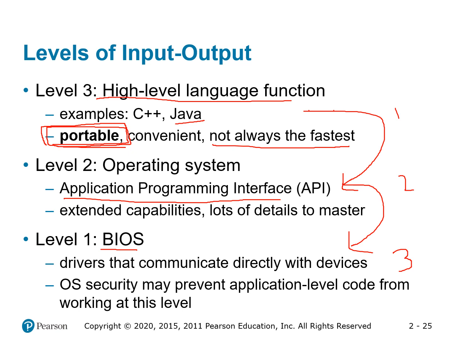The BIOS is installed by the computer's manufacturer, so it's read-only memory, and it's tailored to fit the computer hardware. And the operating system is the one that communicates with the BIOS.